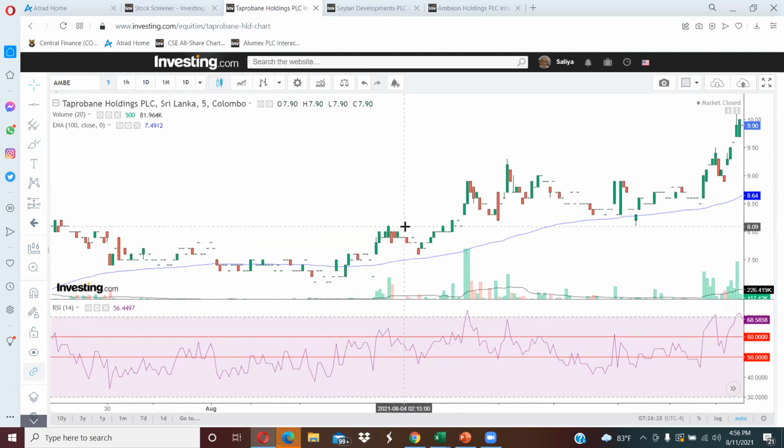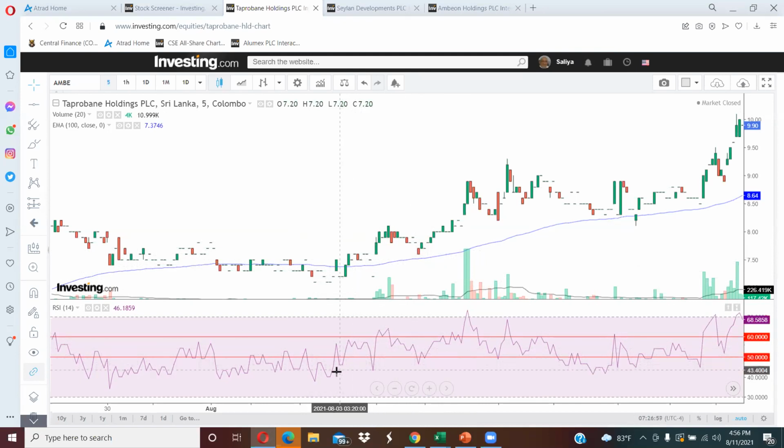It does not necessarily need to be always below the price. As long as it is above the 100 period moving average, we will be looking at the RSI behavior, right? The conditions in the RSI need to be there, and also it has to be in an uptrending formation where the lows are increasing, right?